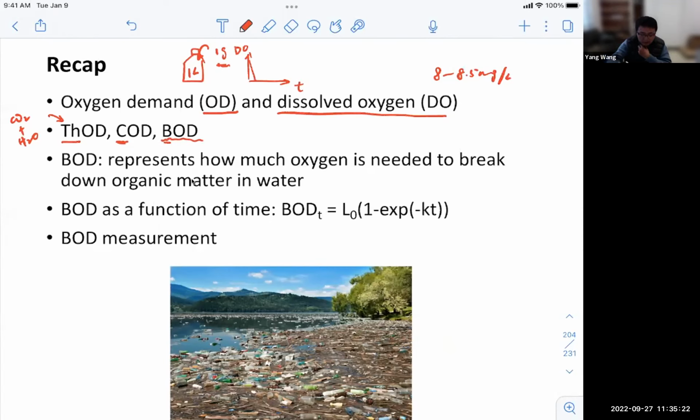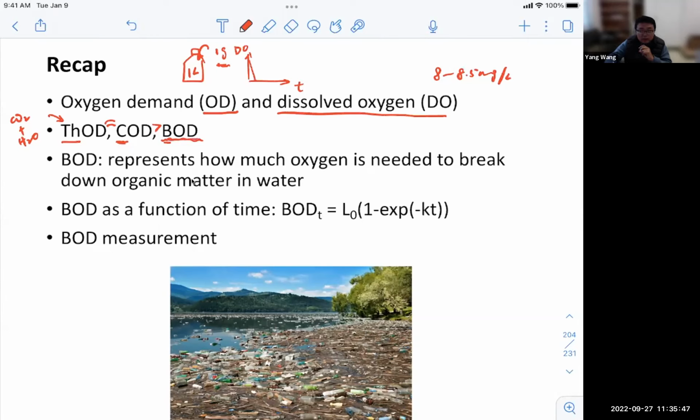We said that under rare situations, these will equal each other. Otherwise they're not equal, because the theoretical oxygen demand is so difficult to determine. There's no way we can have an accurate composition of the water. The biochemical oxygen demand is always smaller than the theoretical and chemical oxygen demand, mainly because the BOD represents the actual condition.